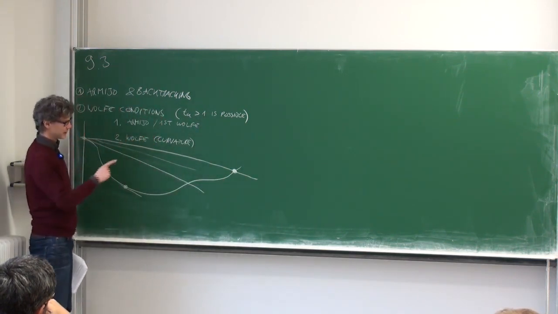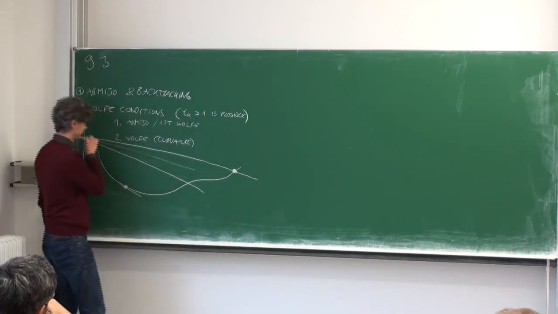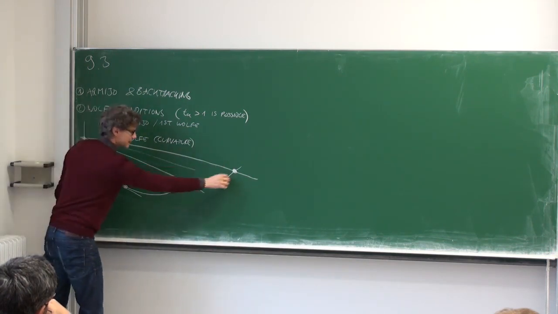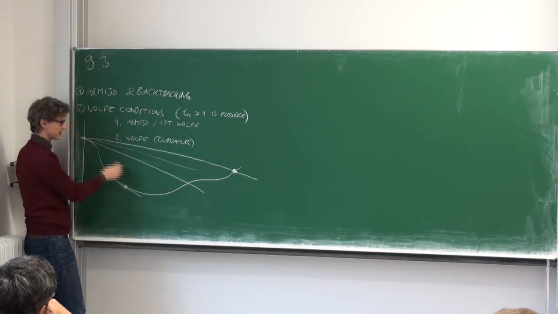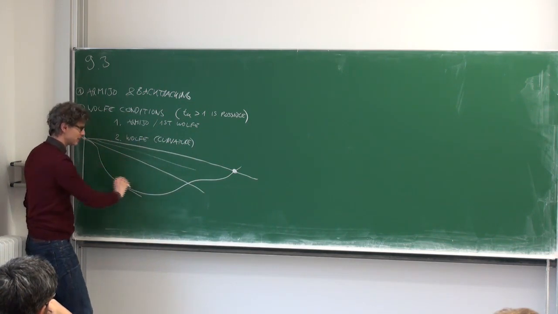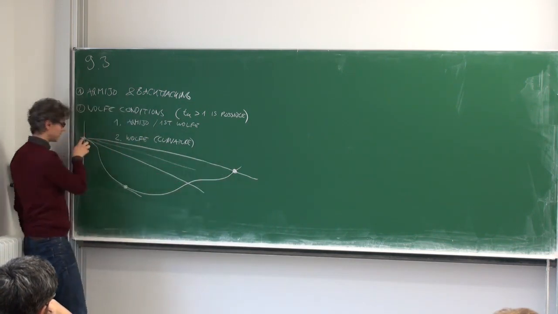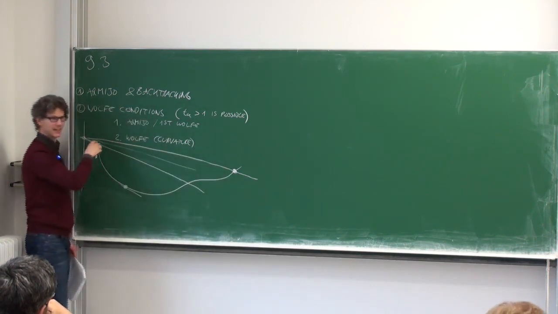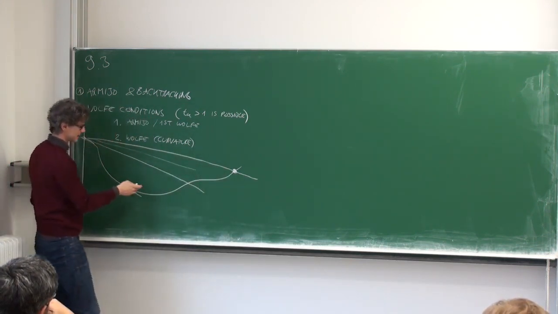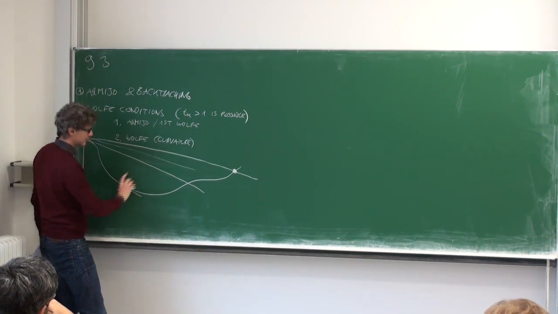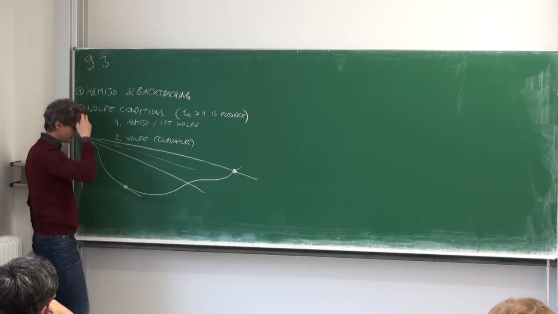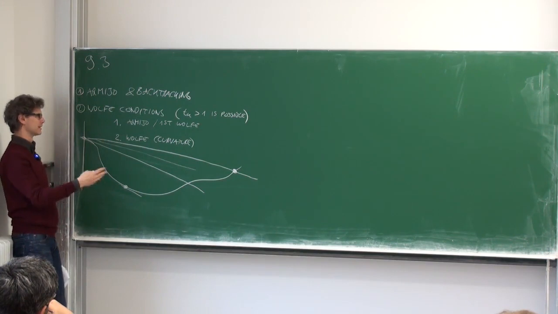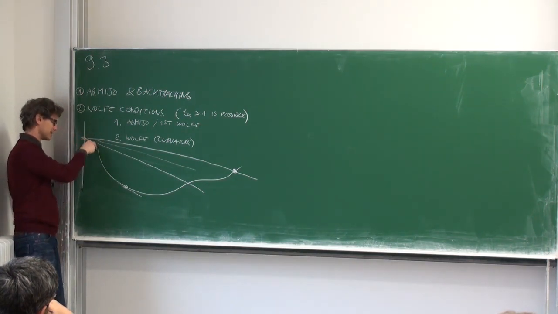And because this point exists and the function in between is smooth, there exists also one point in between this point and this point where the slope is exactly the Armijo slope. And because this function needs to go up, there exists a point.